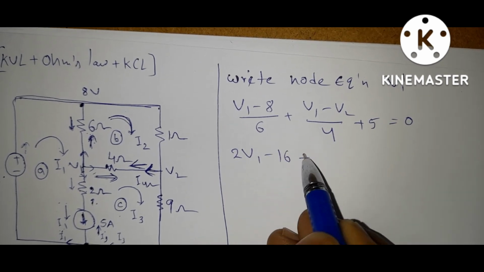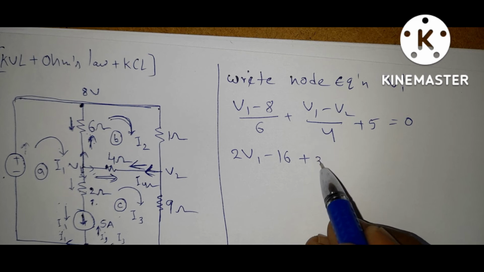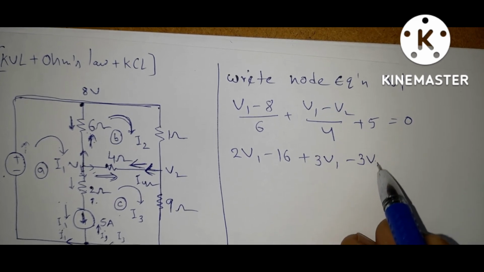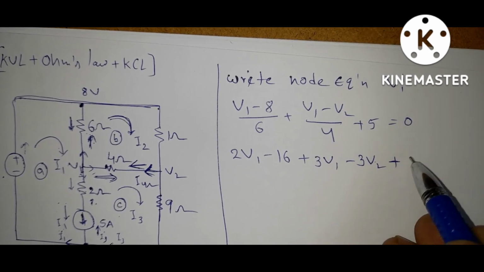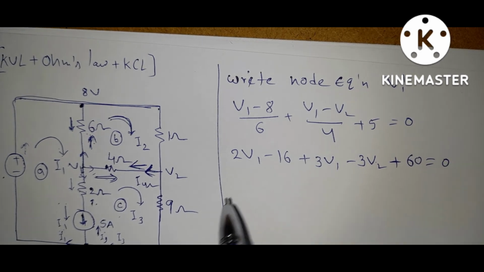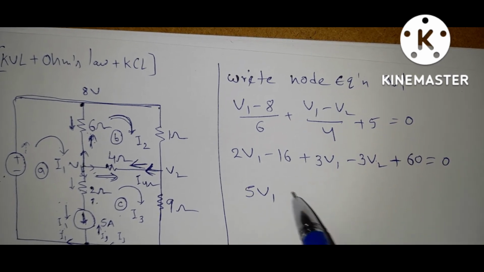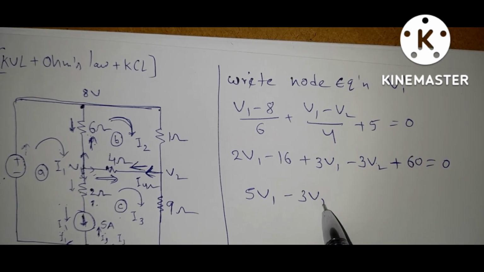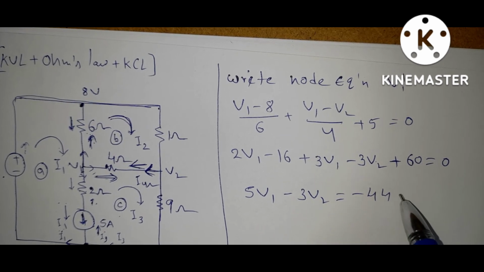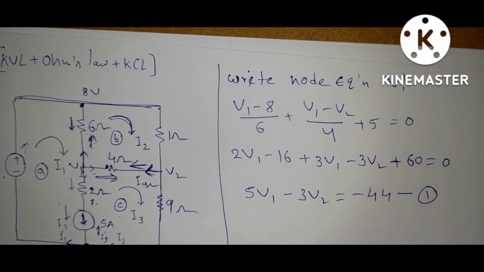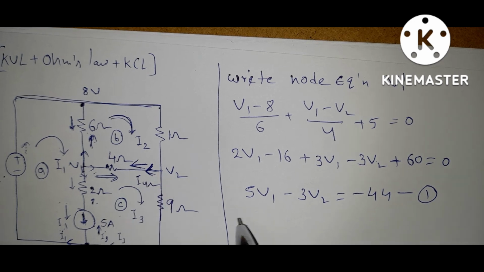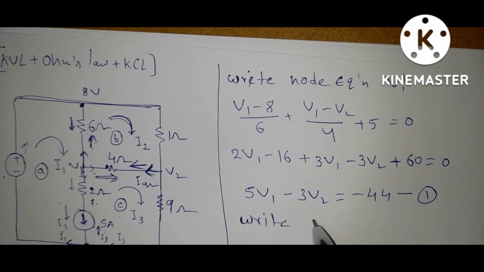2V1 minus 16 plus 3V1 minus 3V2 plus 60 is equal to 0. 5V1 minus 3V2 is equal to minus 44. Equation 1. Now write the node equation for V2.